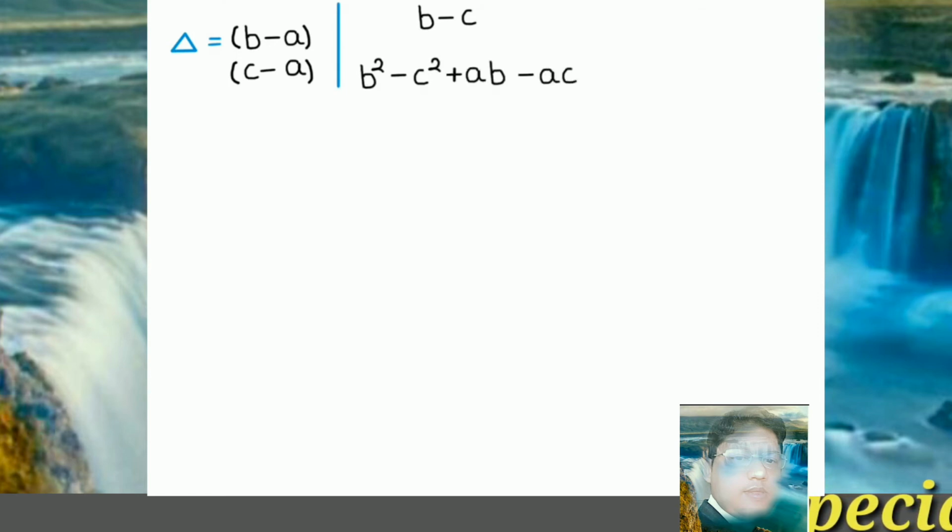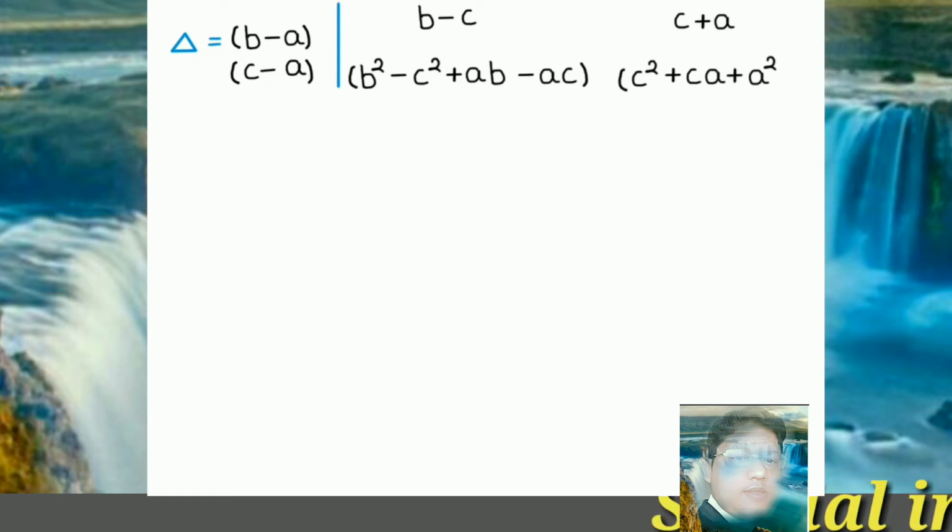C1 becomes b minus c, b square minus c square plus ab minus ac, c plus a. C2 is as it is because I did not use any operations on c2, so c2 will be the same as it is.